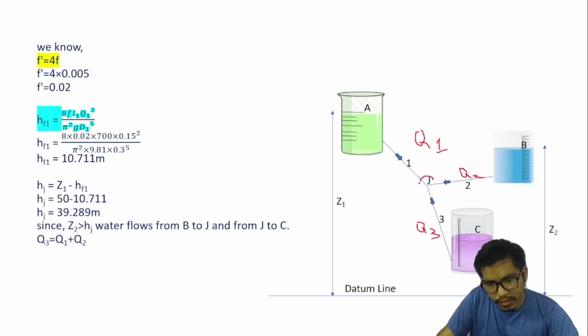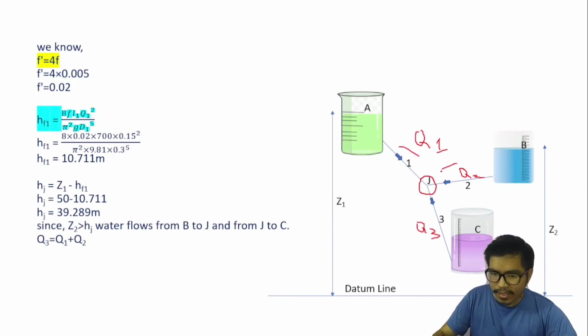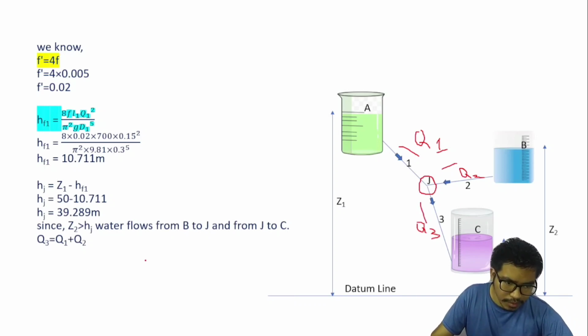So at junction J, using the continuity equation, discharge in is equal to discharge out. So Q3 equals Q1 plus Q2.